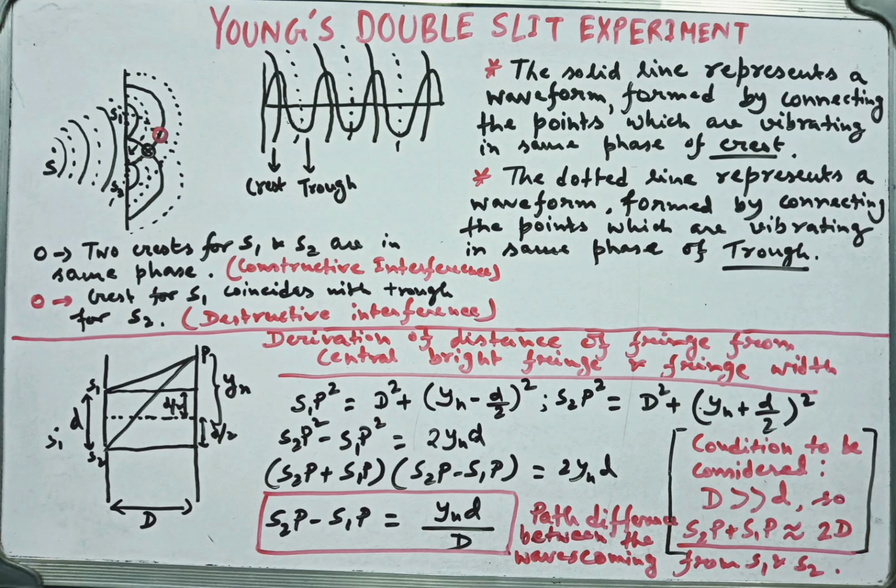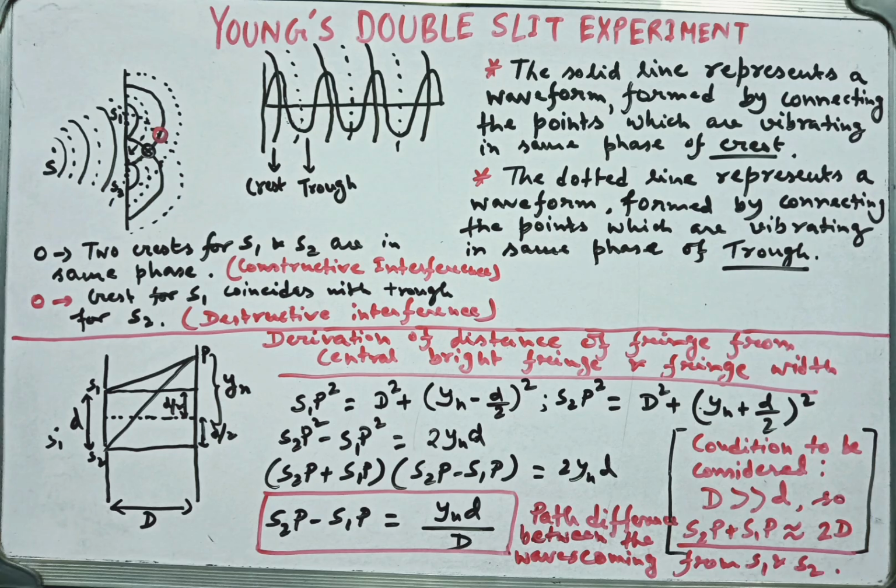So S1P squared equals D squared plus (yn minus d by 2) whole squared, and S2P squared equals capital D squared plus (yn plus d by 2) whole squared. Here this capital D is the distance of the screen from the slits.